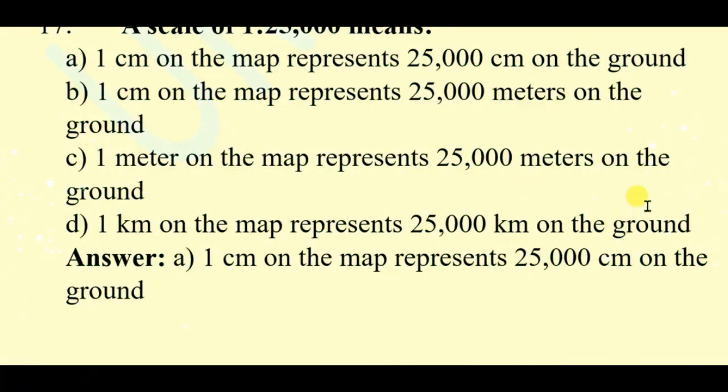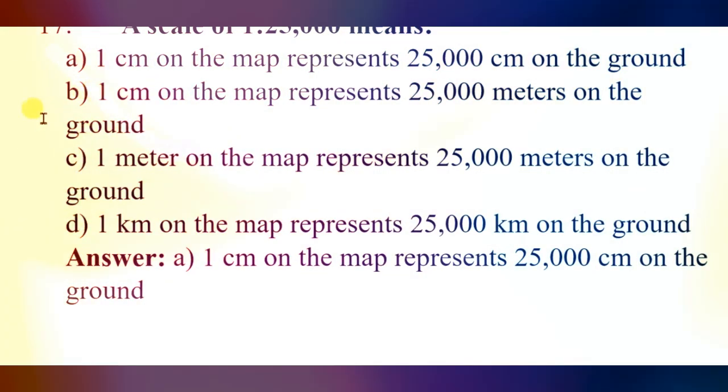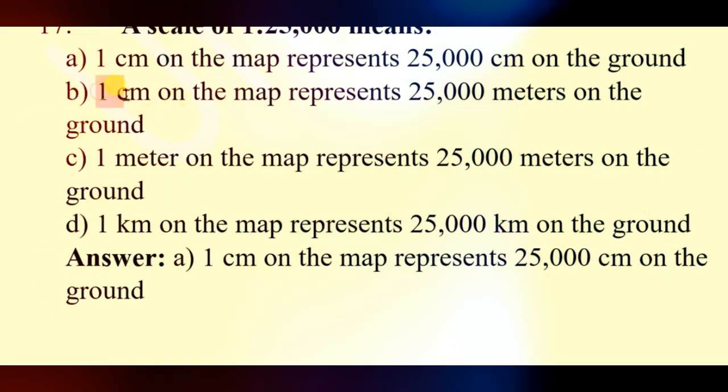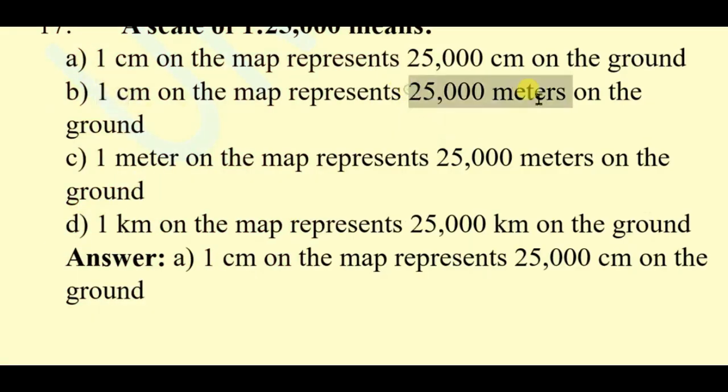Here the correct answer is option A, C, D, other than B. Here 1 centimeter and 25,000 meters, these two are not the same in unit; it will be right only when the units are the same: centimeter, centimeter; meter, meter; km, km. Okay.